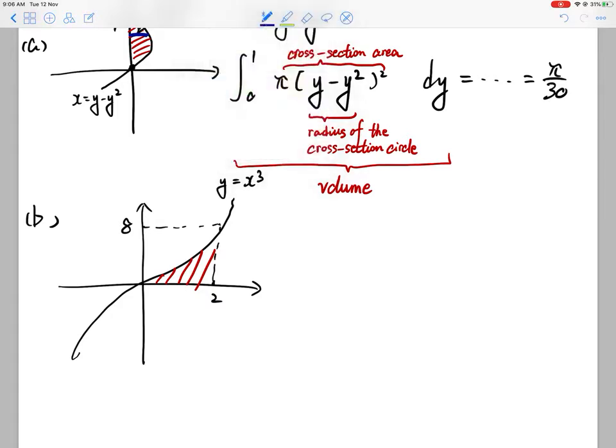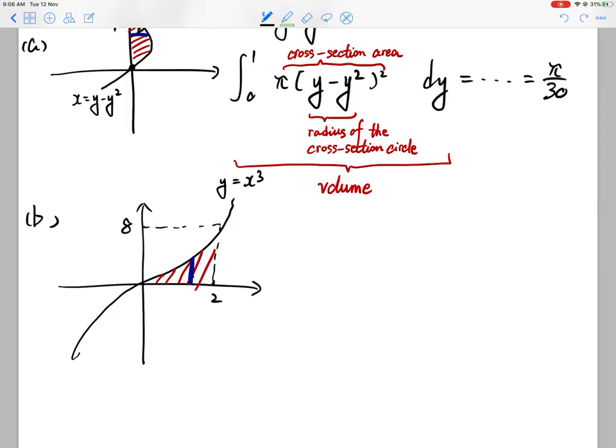Right? So again, for each x, if x is given, then this blue line, you revolve it 360 degrees about the x-axis, you should get a circle, right? So if x is given, what is the radius of this circle?